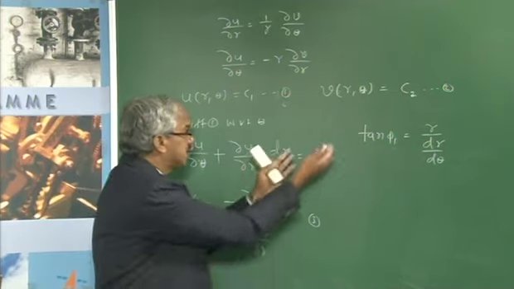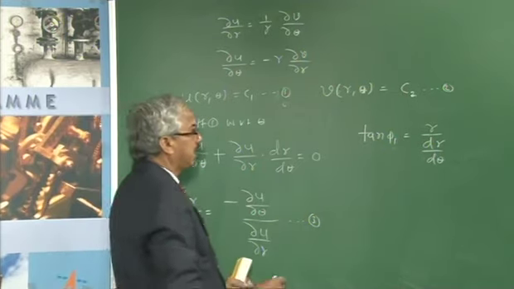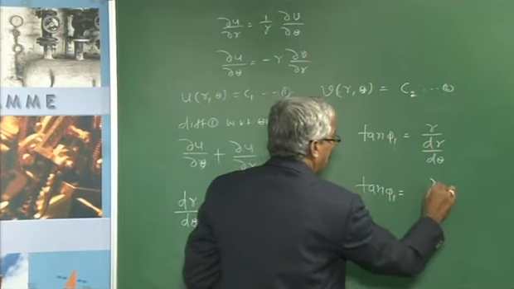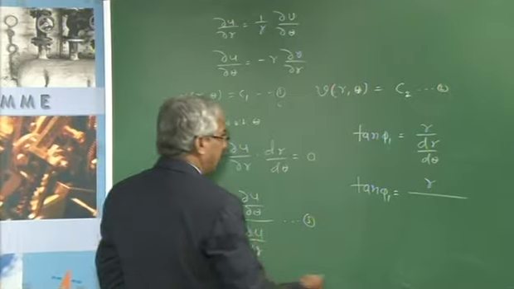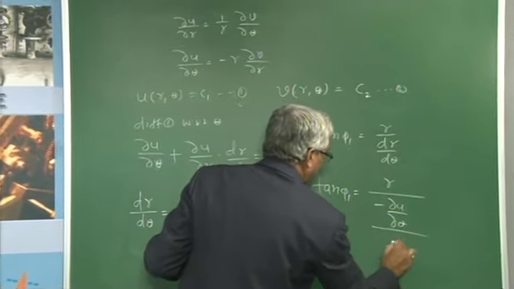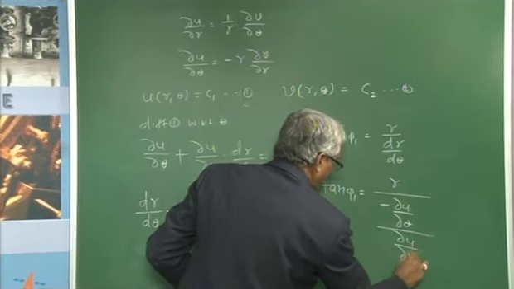So using this result, tan phi 1 is equal to r divided by minus dou u by dou theta divided by dou u by dou r.